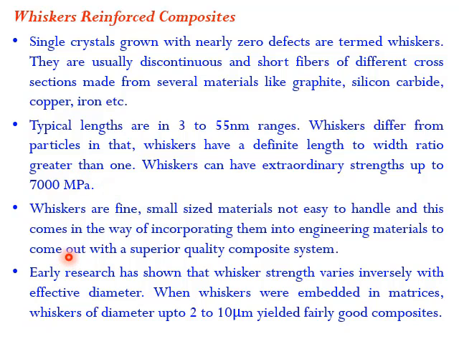Okay, so whiskers are fine, small sized materials, not so easy to handle, and this comes in the way of incorporating them into an engineering metal to come out with a superior quality composite material. So nowadays in research wherever it goes with superior or high strength materials, there we can go with the handling of whiskers.